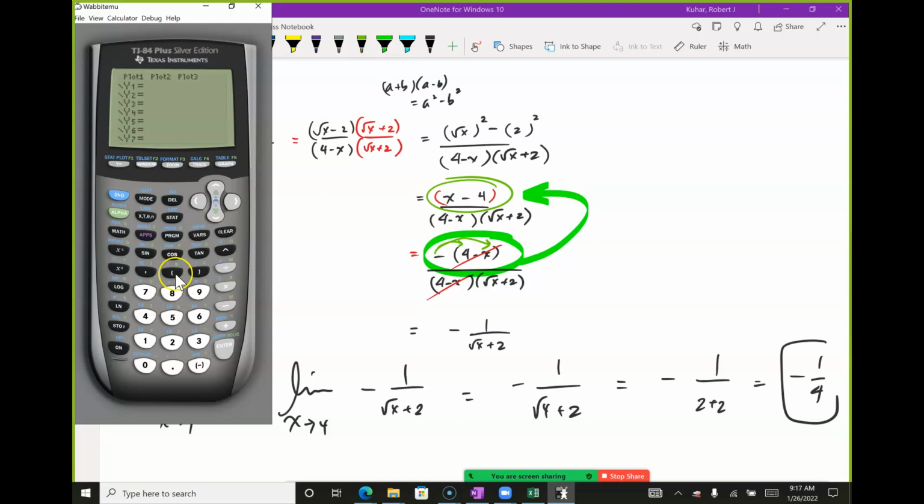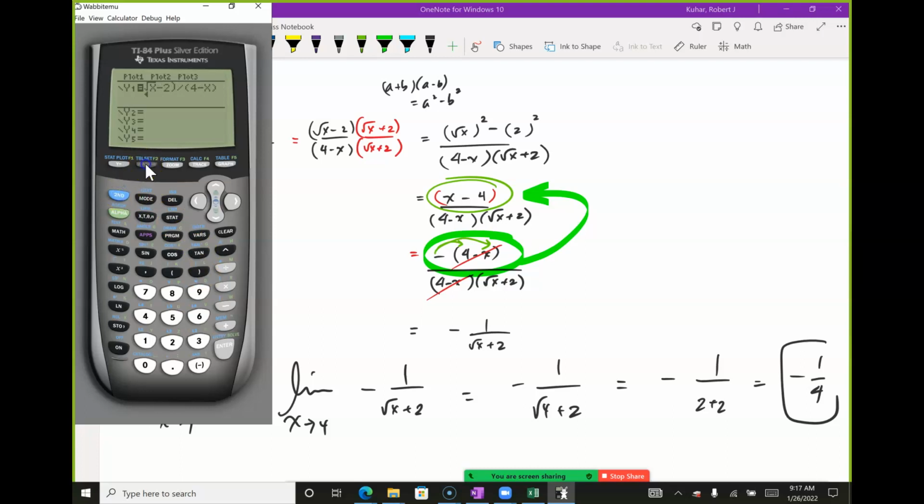I've got multi-terms, so I want to wrap them in parens, right? So second square root of x minus 2, close parenthesis, divided by, open parenthesis, 4 minus x, close parenthesis. So I've got my function in, right?